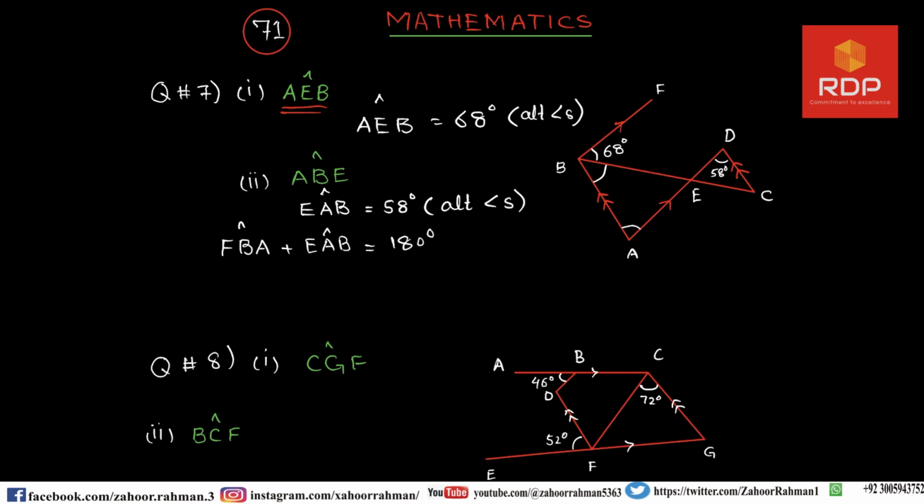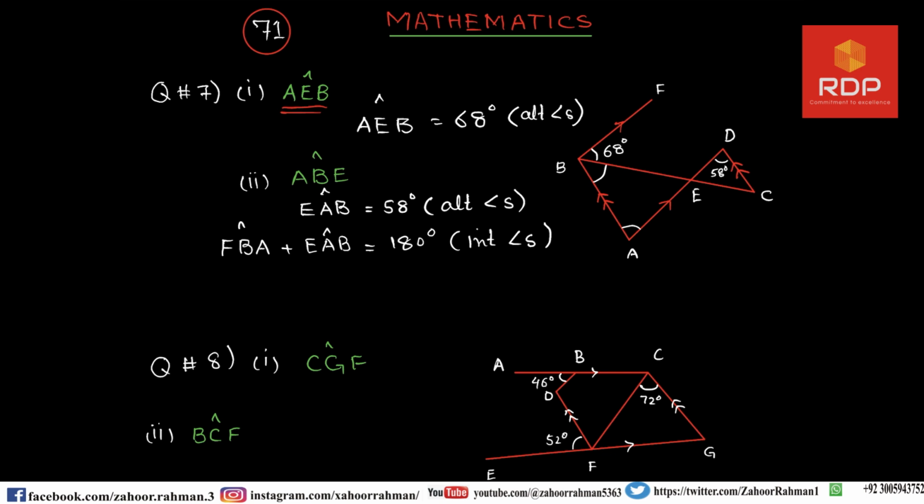Now FBA, which is this angle, and EAB, which is this angle, are the interior angles, because we are seeing here a C type of shape, and the sum of these two angles will be equal to 180 degrees, and we refer to this as interior angles. We wrote this due to the interior angles.